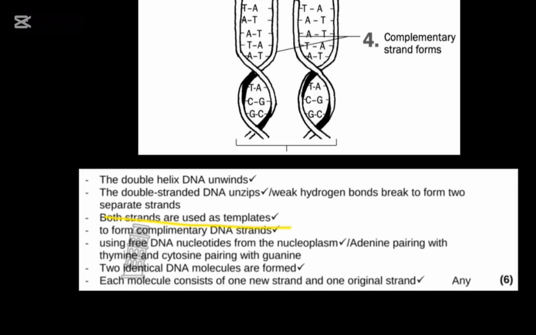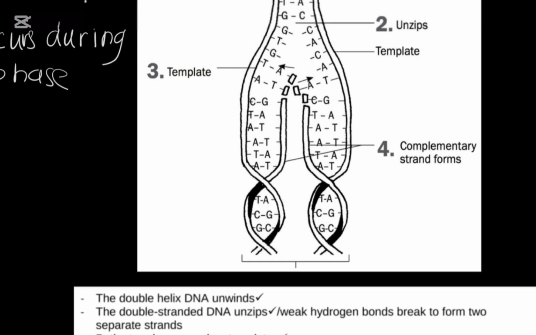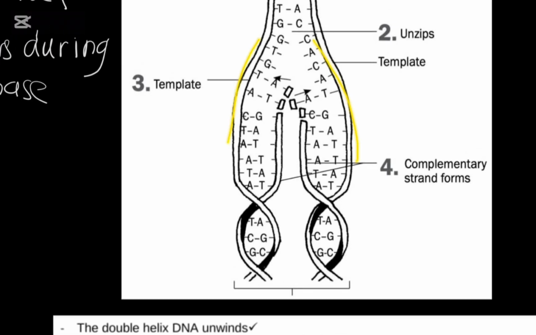Both strands are used as templates. By template, what is meant is that they allow a complementary strand to form. They are basically the base of the complementary strands forming.